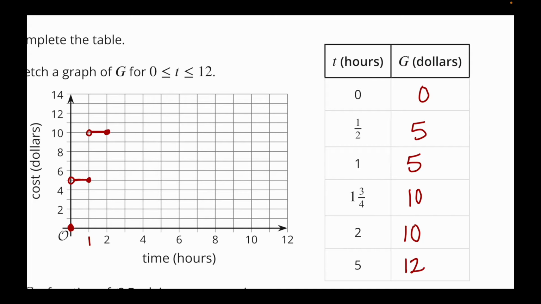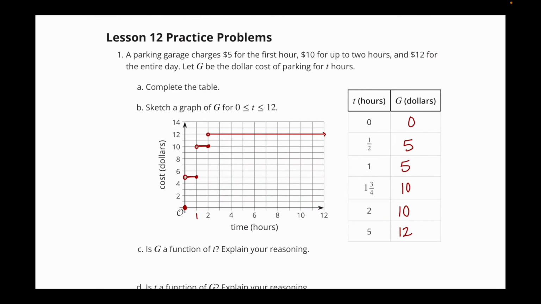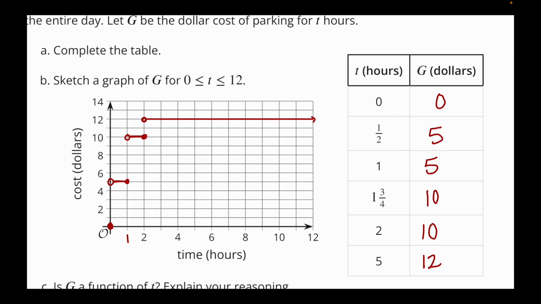So we're going to start then at $12. So we'll put a circle here that's open, but this line is going to come all the way over for the rest of the day. So that is what our graph actually looks like. It's a little funky looking, but this is a piecewise function.